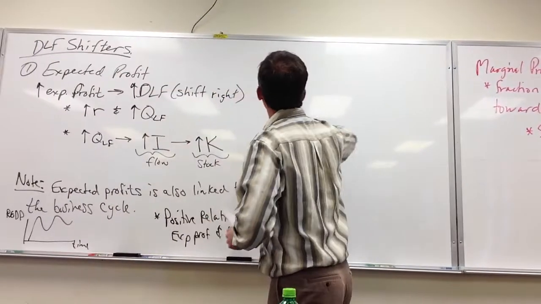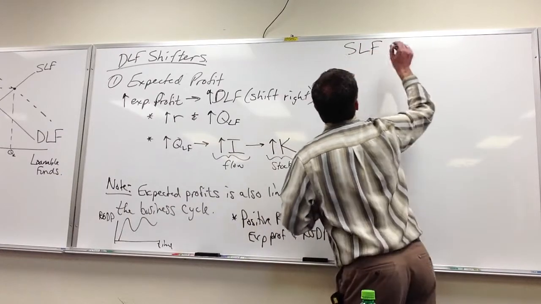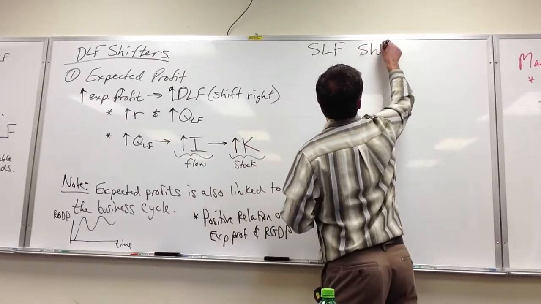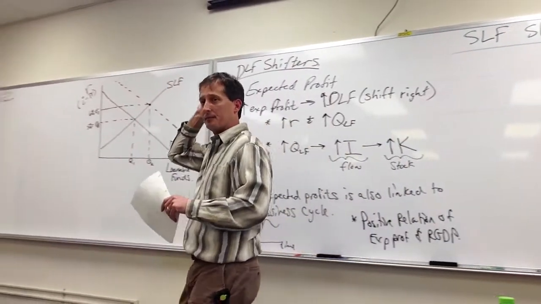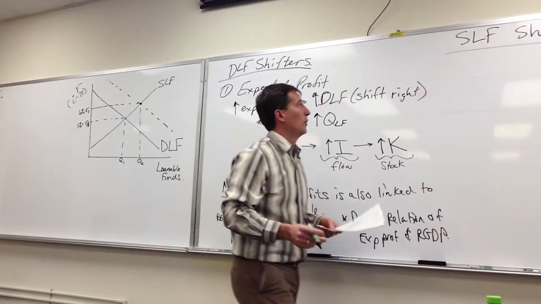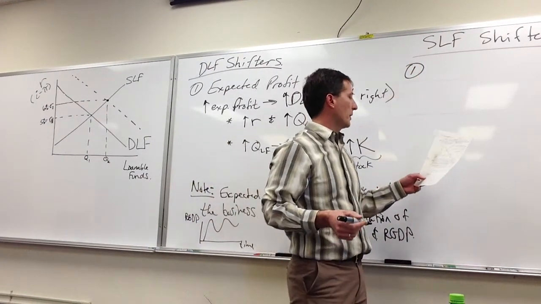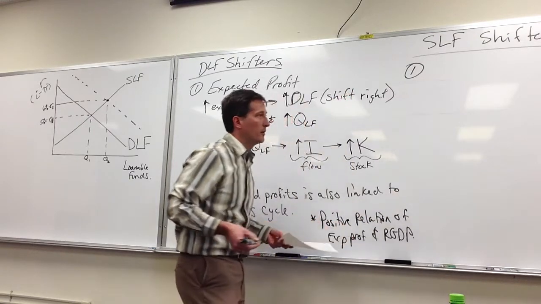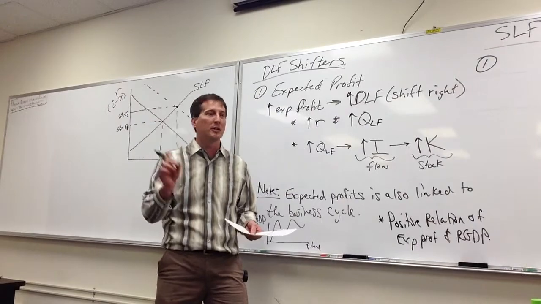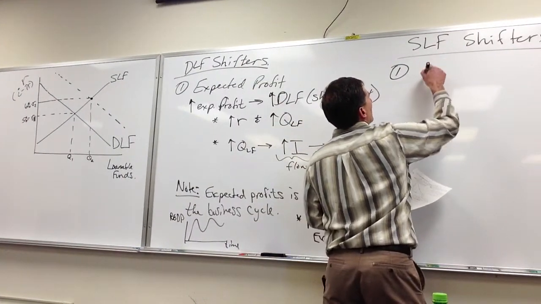All right, so just one shifter for the demand curve. The supply curve, we're going to have a few. So the SLF shifters, supply of loanable funds, that's our households. And one of the things that's going to increase their savings comes to us from that little formula we just did with consumption and savings, if they have more disposable income.